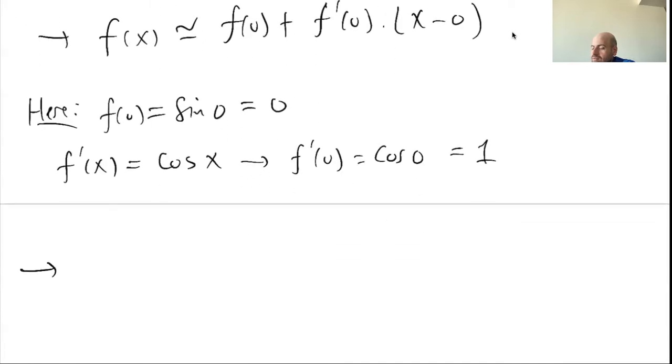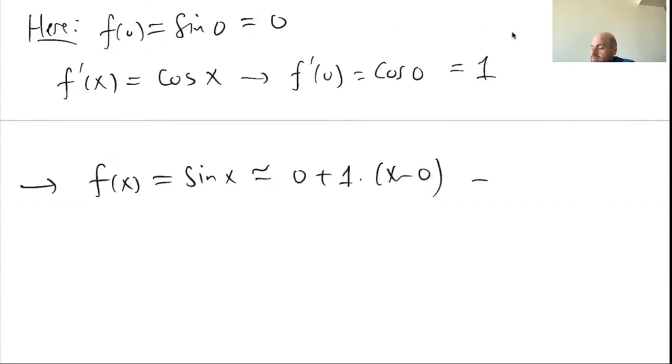So we can say that f of x, which is sine x, is almost equal to 0 plus 1 times x minus 0, which means x. 1 times x minus 0 means x, plus 0, still x. So what did we conclude?